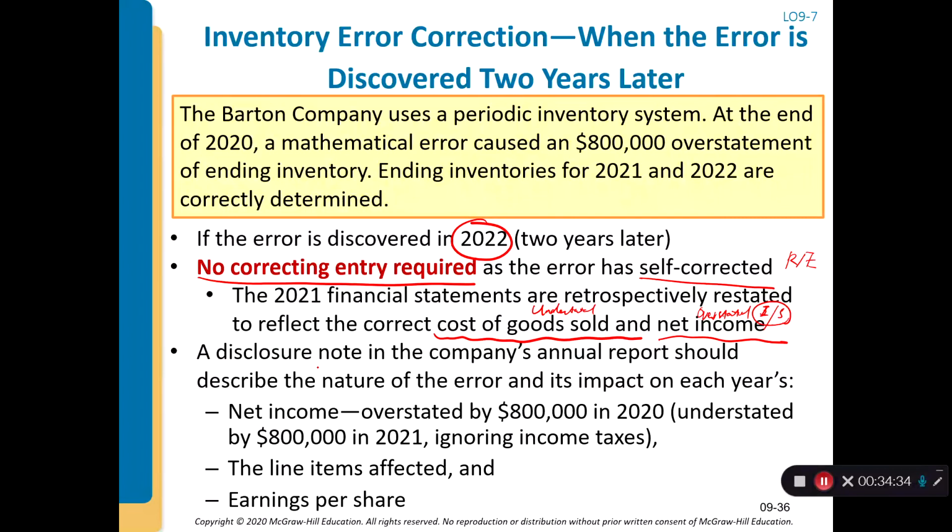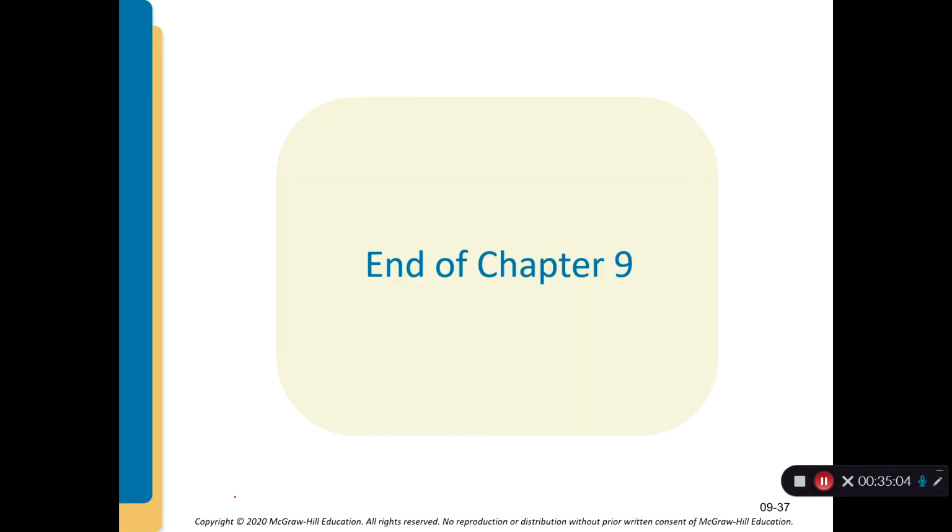And also a disclosure note in the company's annual report should describe the nature of the error and its impact on each year's figures, such as net income overstated by 800,000 in 2020, understated by 800,000 in 2021, and the line items and earnings per share affected. Okay, so that's it.